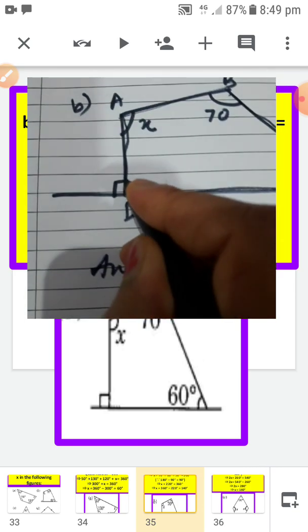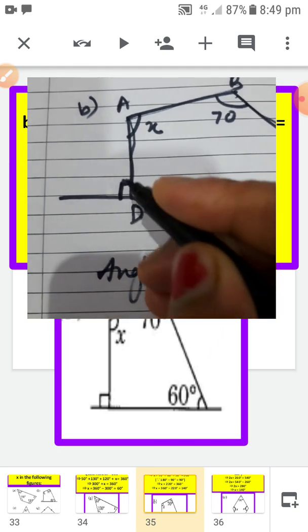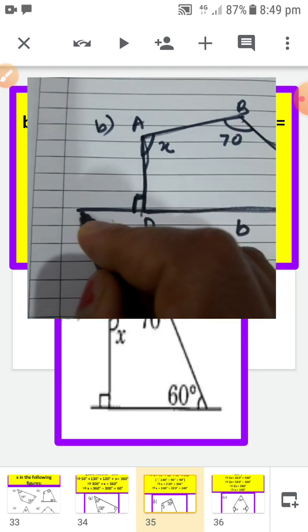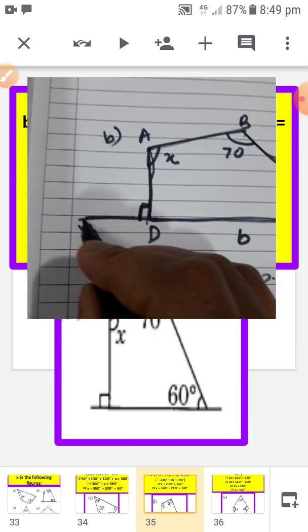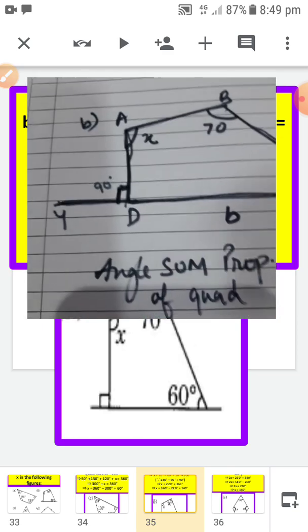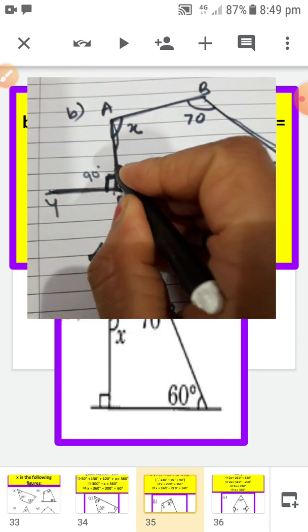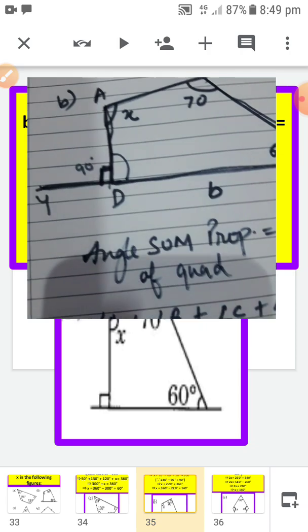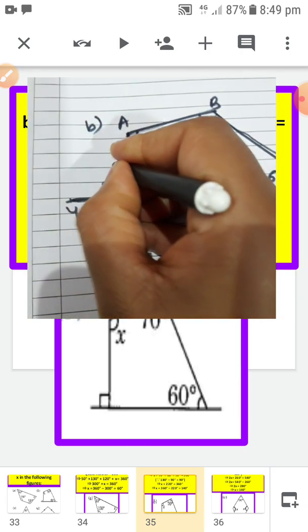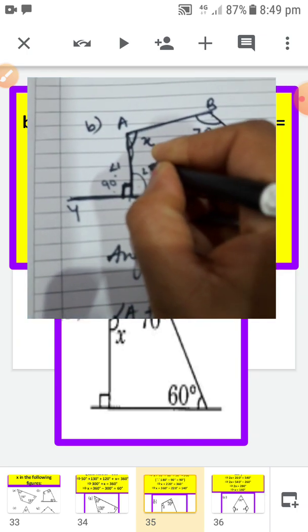But concentrate here, you have this sign, it means this is 90. It means angle AD and something, let's say Y, this is making a 90 angle here on the exterior side. But we want the internal side. So here these two angles, let's call them angle 1 and angle 2.